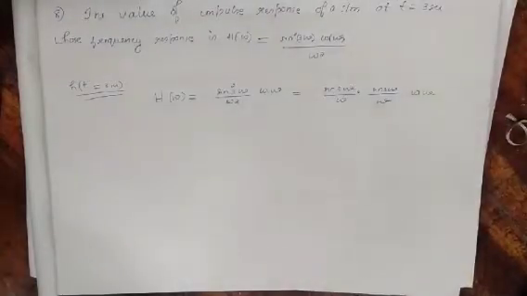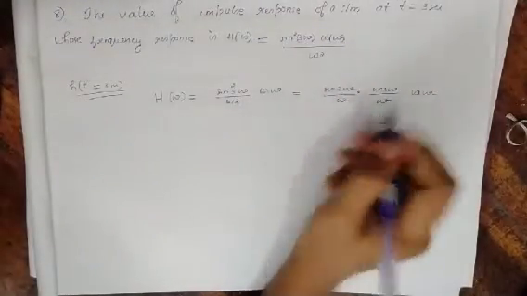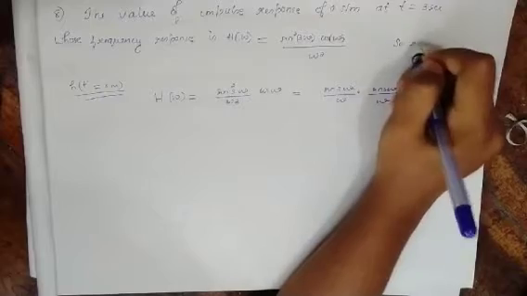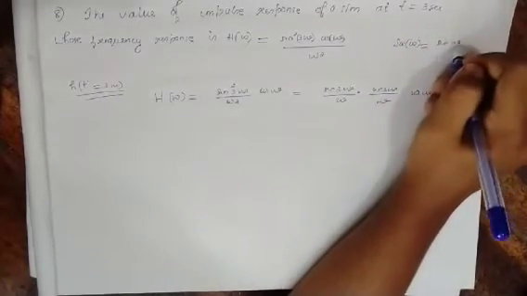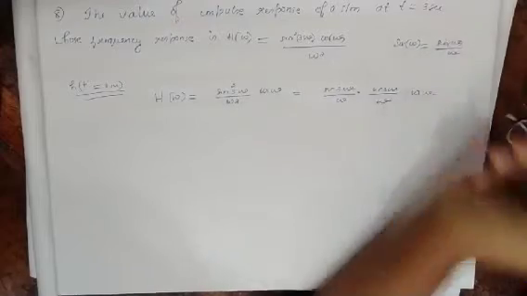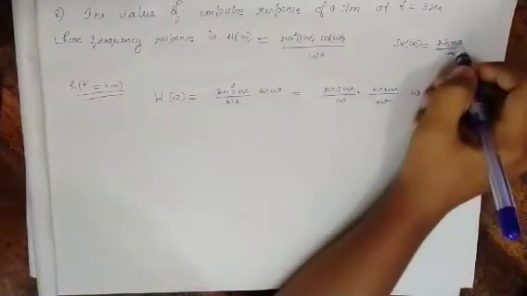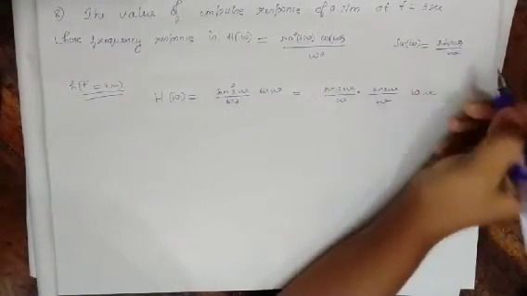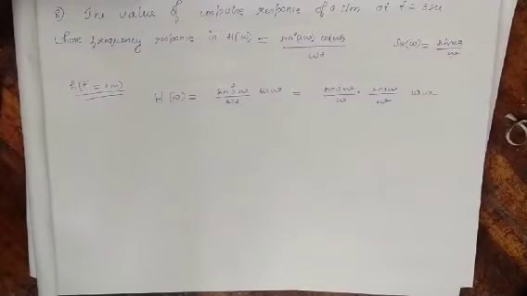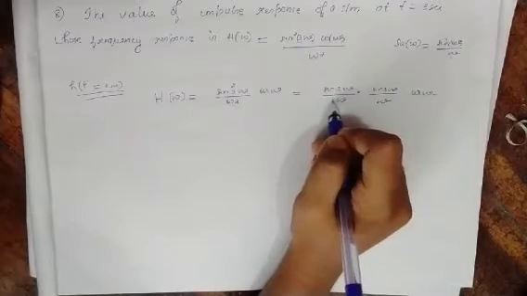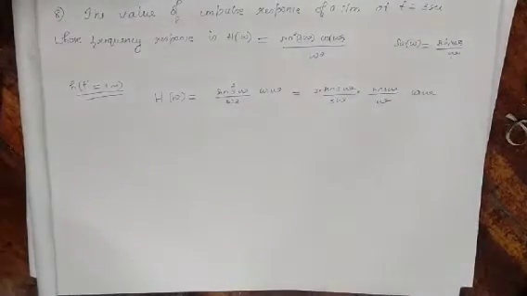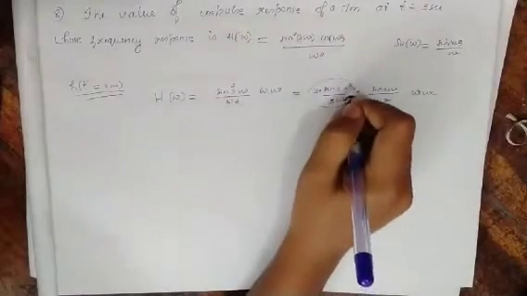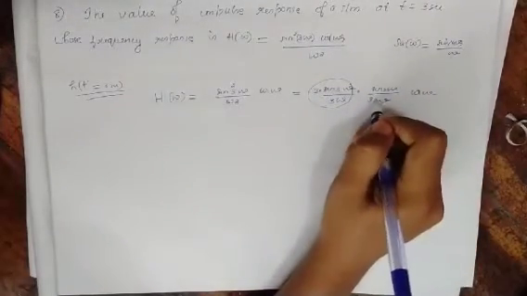Okay. So for a sampling function, whose formula is sine omega divided by omega, the frequency should be the same in the numerator and the denominator. So to make this into a sampling function, I am going to multiply by 3 in the numerator and denominator on this particular thing, and here also.